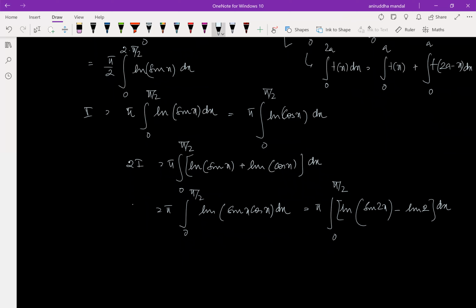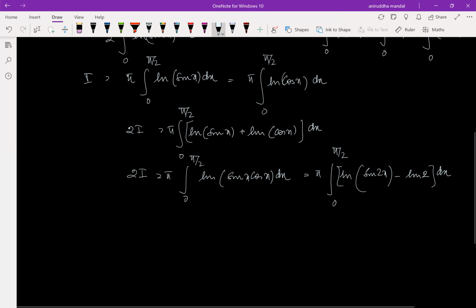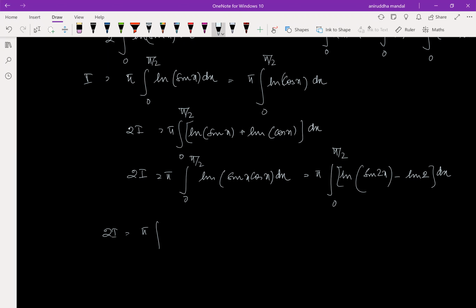So this is 2I basically. Now 2I is 0 to pi by 2 ln sine 2x minus 0 to pi by 2 ln 2 dx.